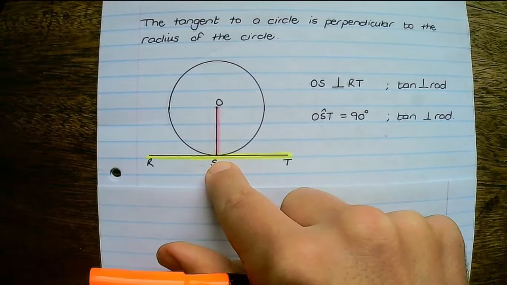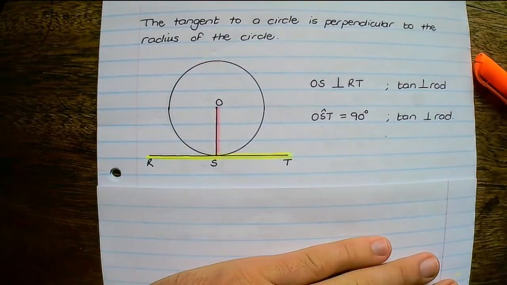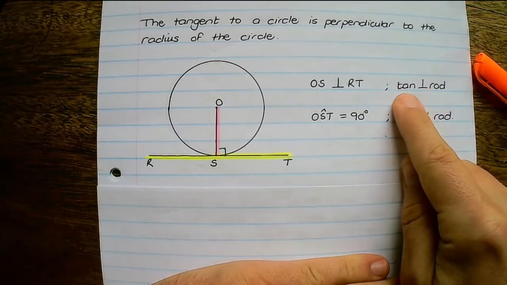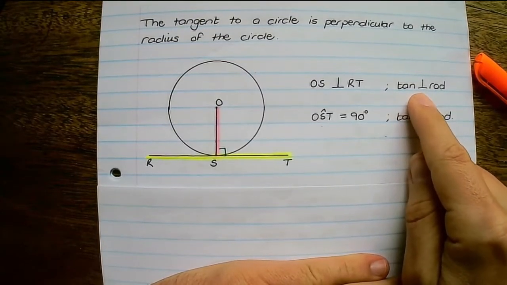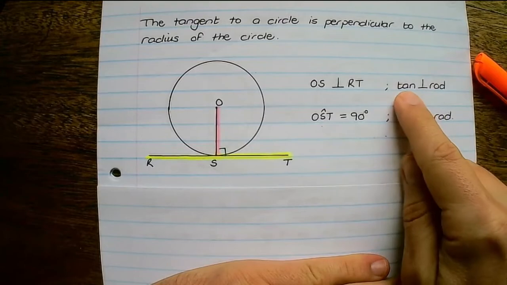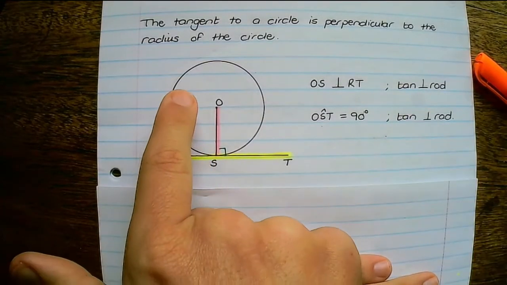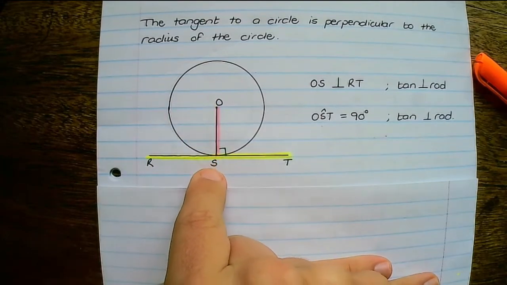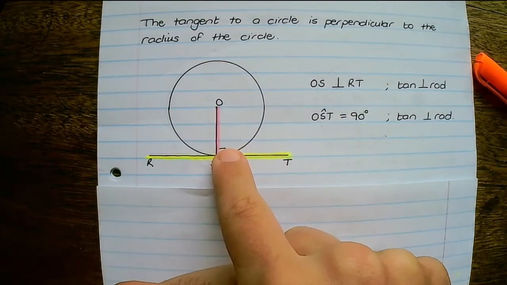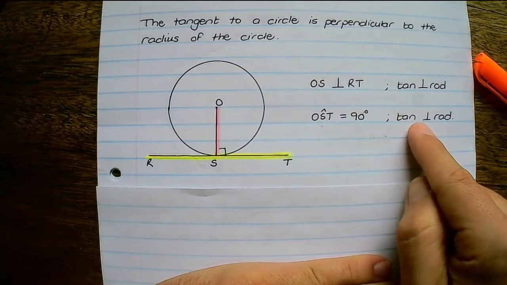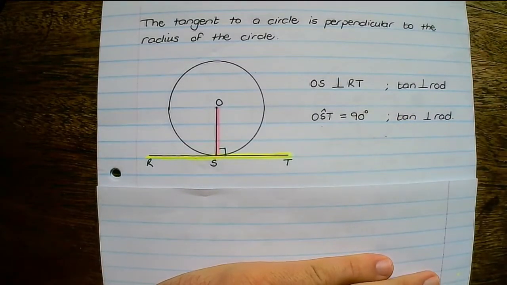So OS is perpendicular to RS. And the reason that we use is the tangent is perpendicular to the radius. So tan, perpendicular, radius. Alternatively, we can say that angle OST is equal to 90 degrees, and it has the same reason. Tangent is perpendicular to the radius.